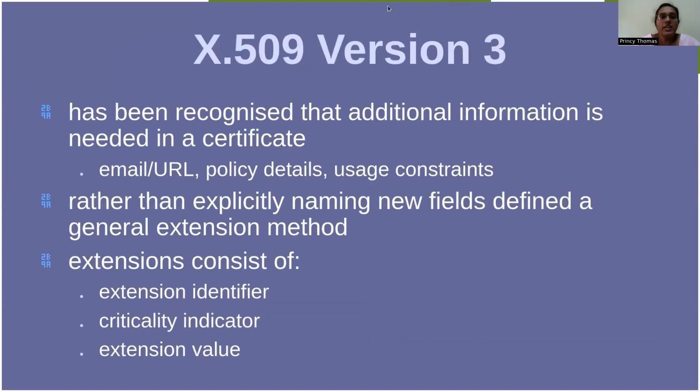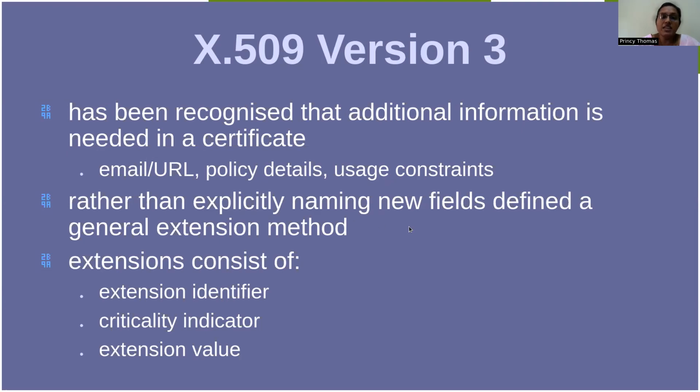Now in X.509 version 3, it has been recognized that additional information is needed in a certificate. For example, email or URL, policy details, usage constraints, things like that may also be needed. So those can be given as extensions.